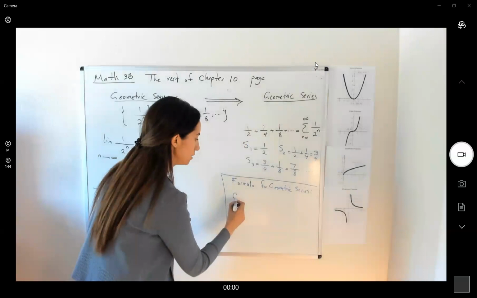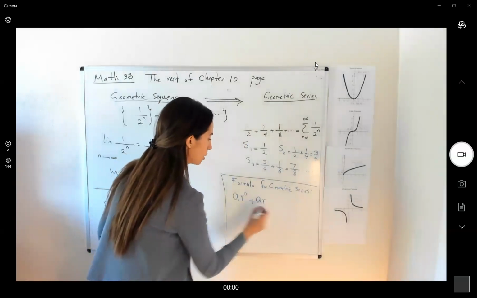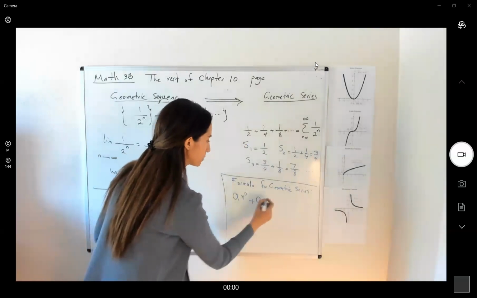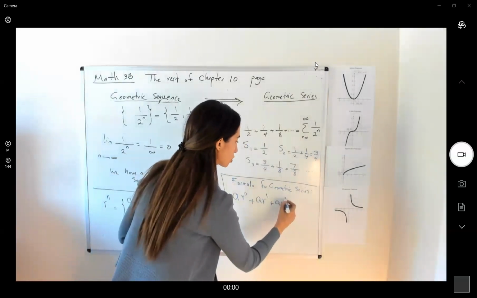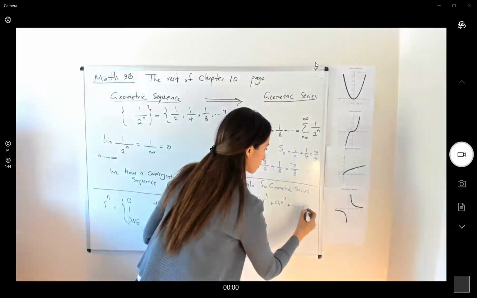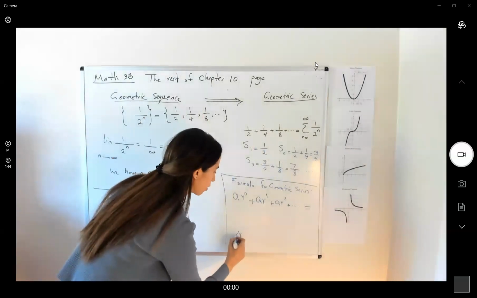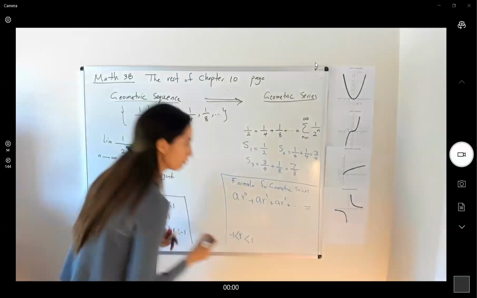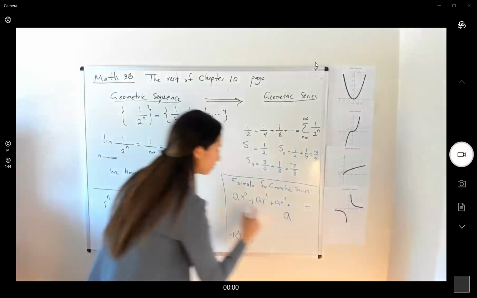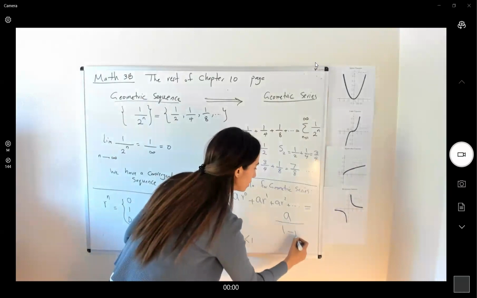If you have a times r to 0, a times r to the first power, a r squared plus the rest of them, this sum, with the condition that r is between -1 and 1, is equal to the first term, a, divided by 1 minus r.